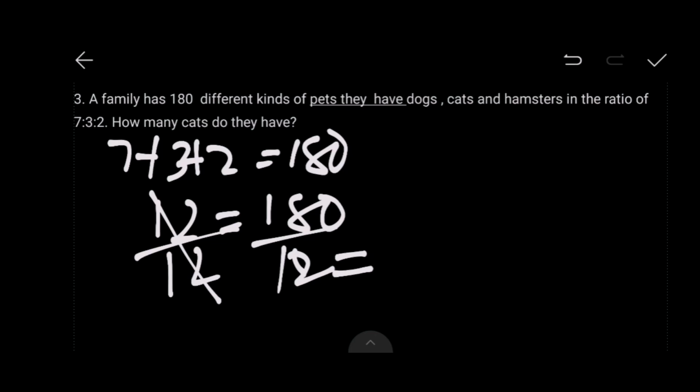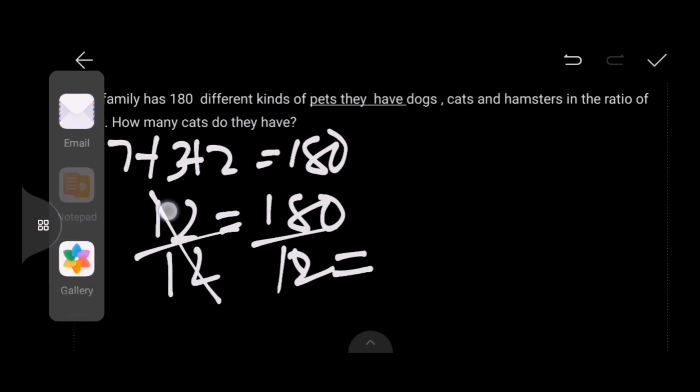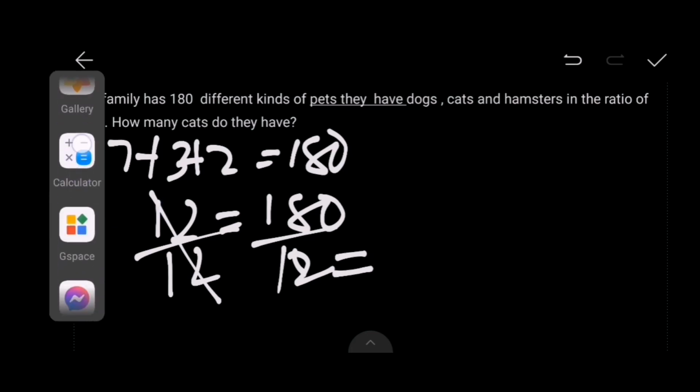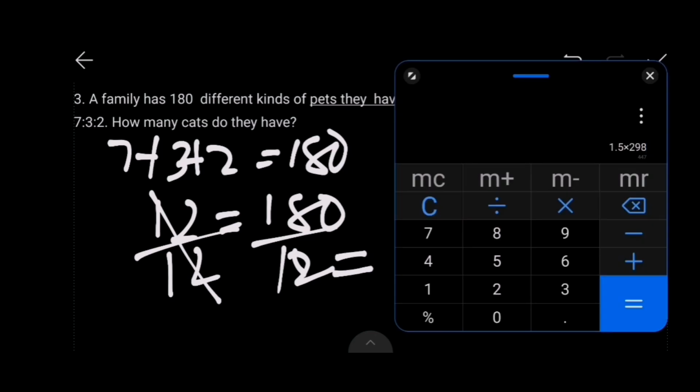Okay, let's calculate muna. Natin yung calculator. 180 divided by 12 is 15. So, we have 15.